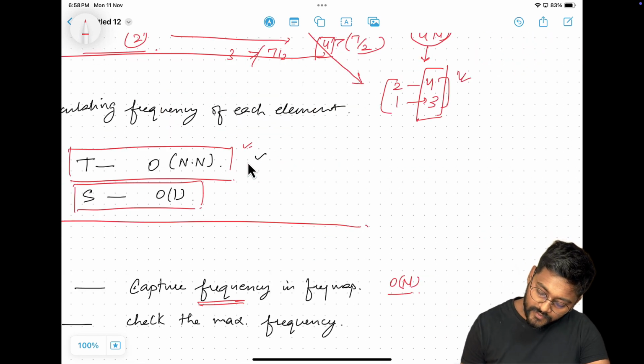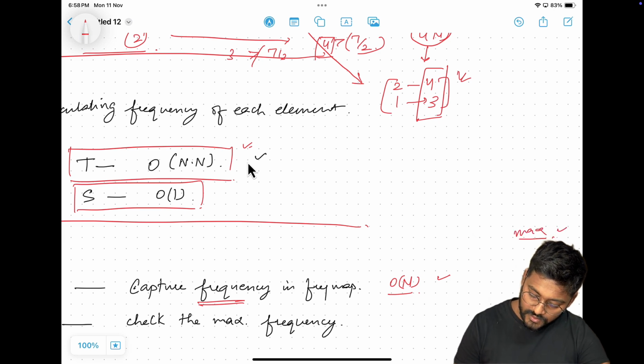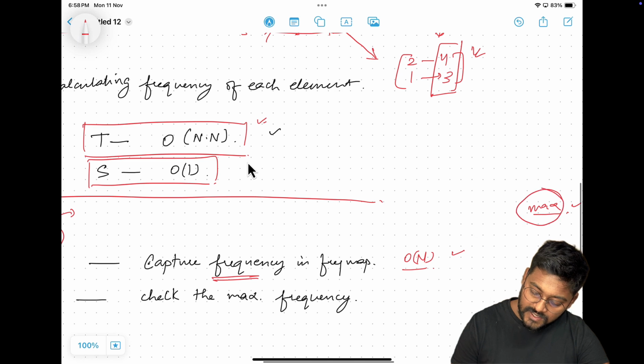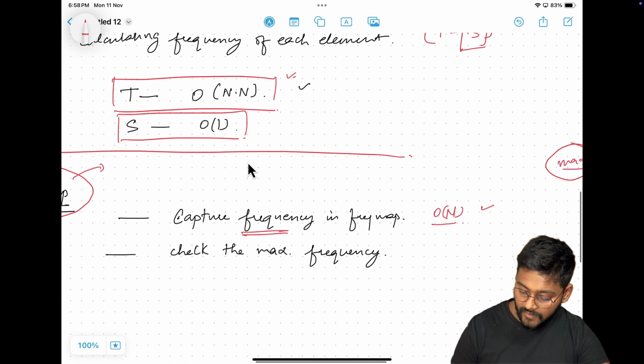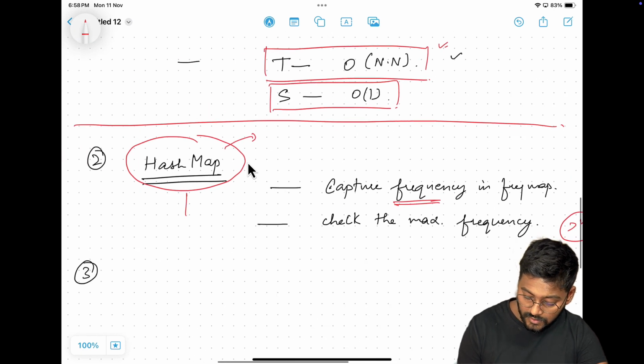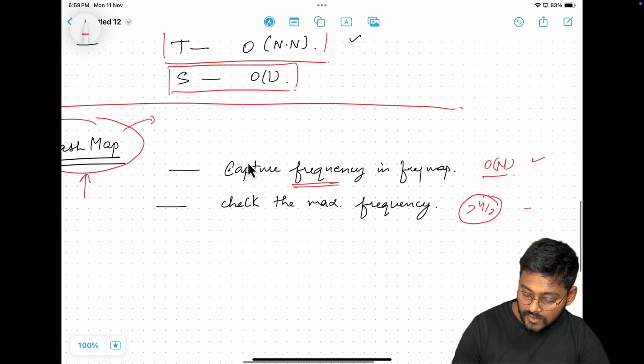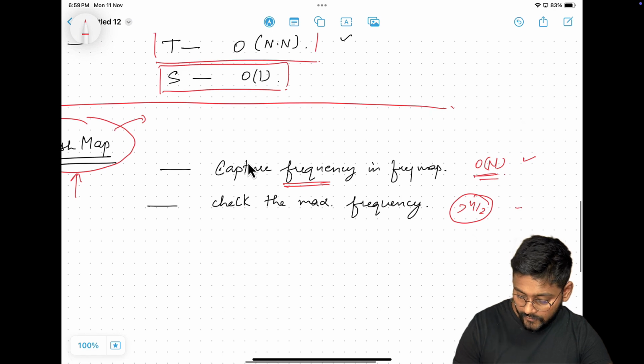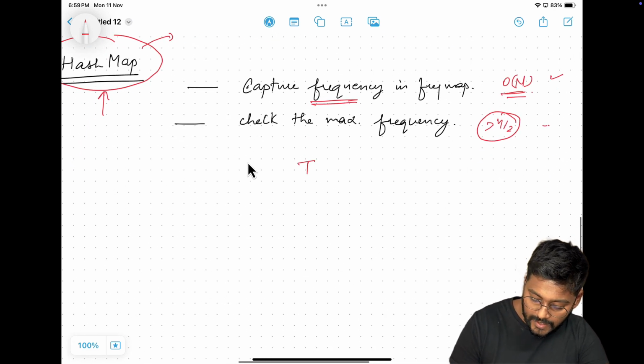Okay, so that is done. So this maximum frequency, we will see whether it is greater than n by 2 or not. That is order of 1 time. So this hash map solution can work in order of n time. So the time complexity is going to be order of n.